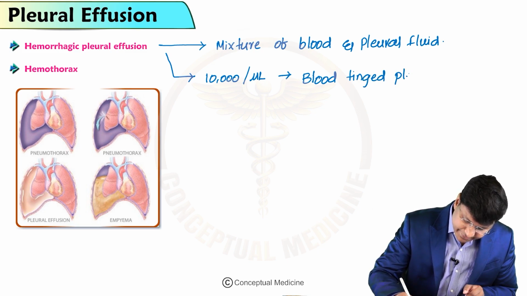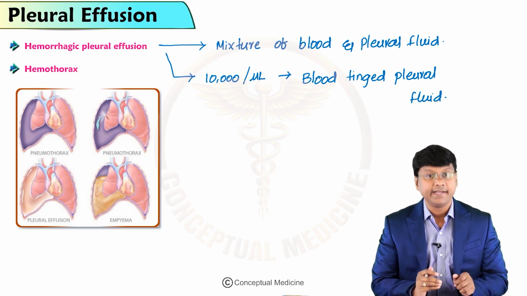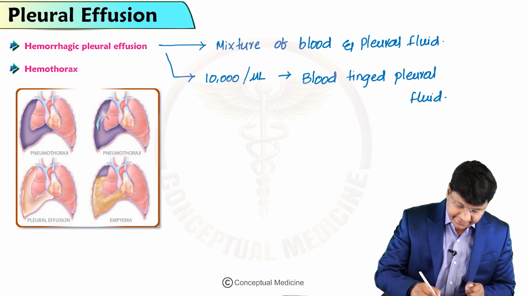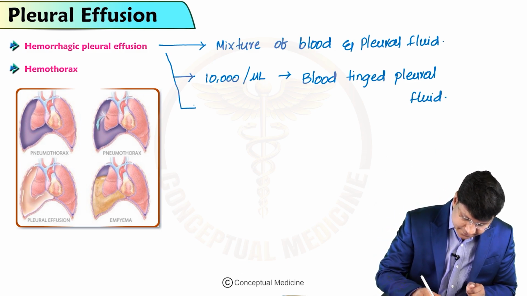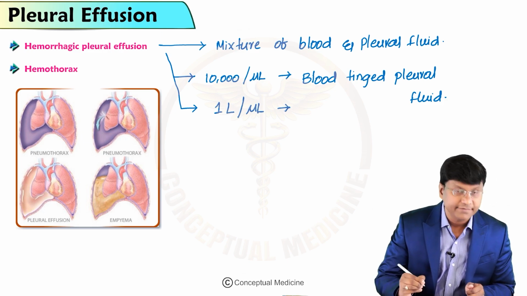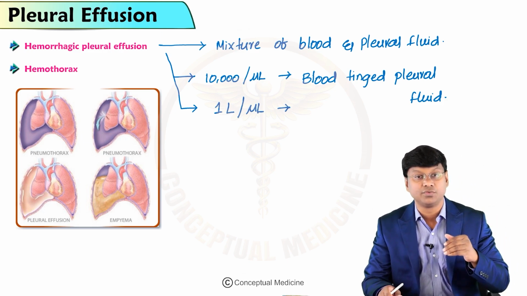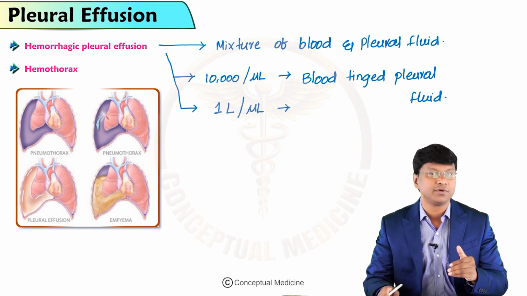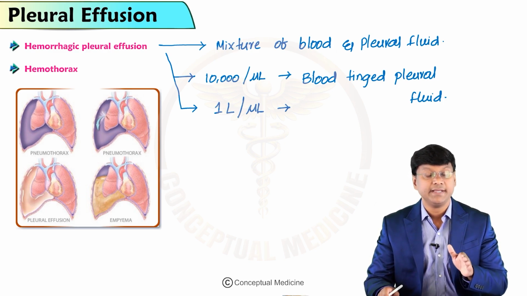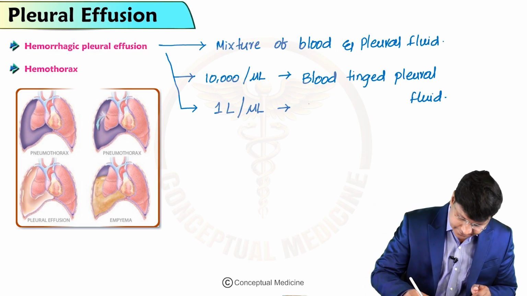Right, that will create a blood tinged pleural fluid. Suppose the quantity of red cells is around 1 lakh red cells per microliter, then that will create a grossly bloody pleural fluid.